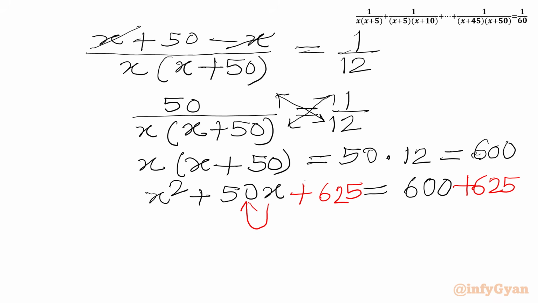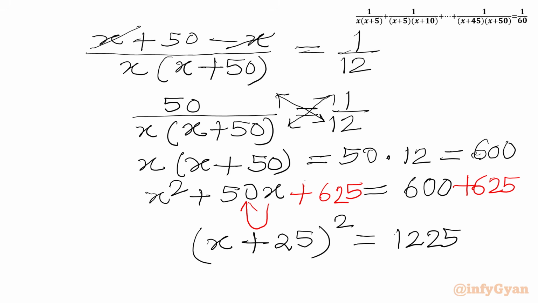Now the LHS will give us a perfect square of x plus 25. And on the right hand side we will get 600 plus 625, 1225. Now we know that this is the square of 35. So we will write 35 square.